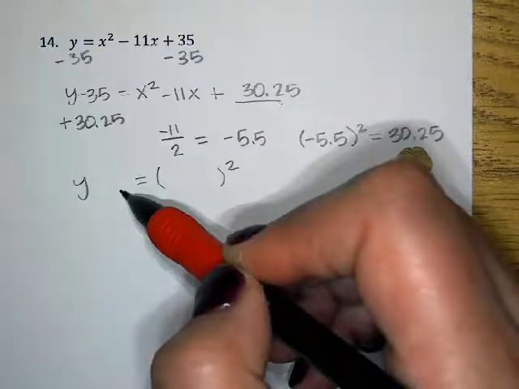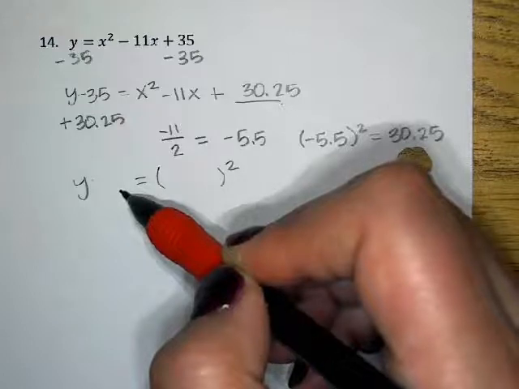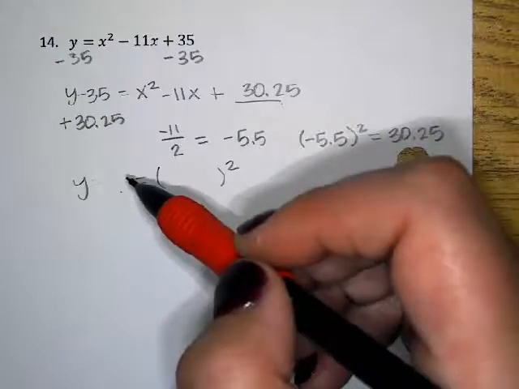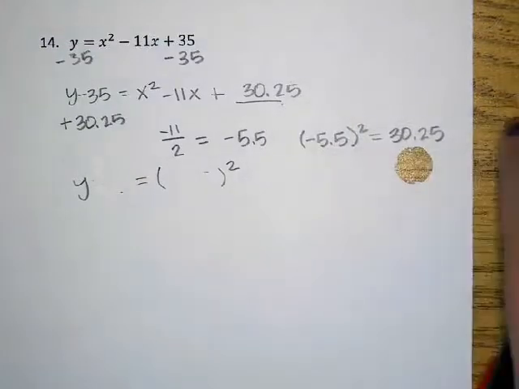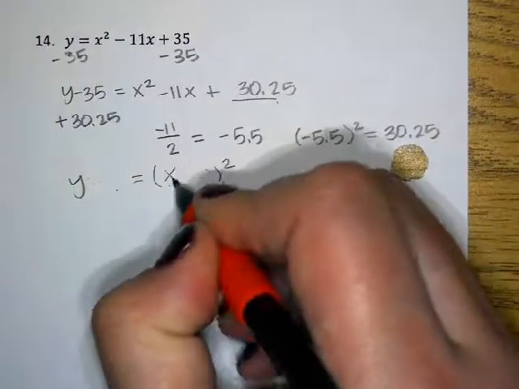You're close. So over here we're going to do x, and then it was a negative 5.5 when we divided by 2, so that's the number that goes there.